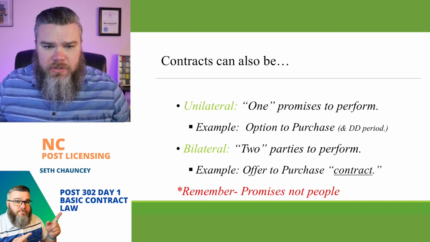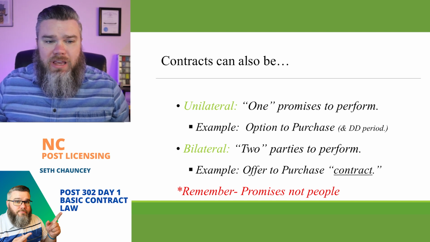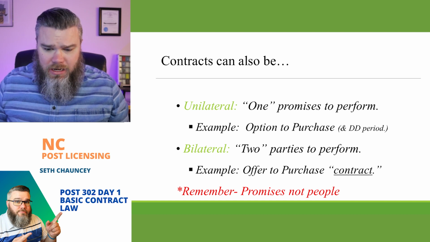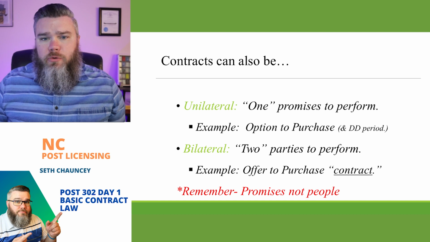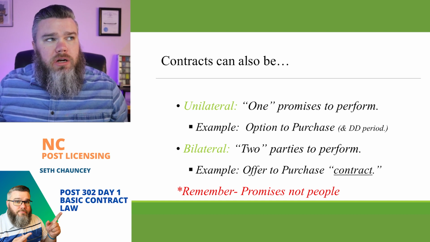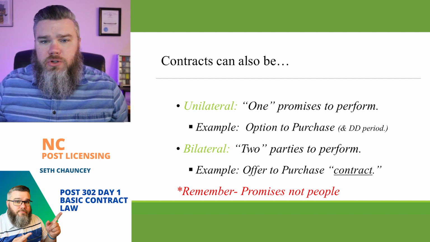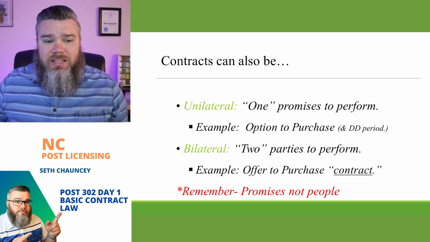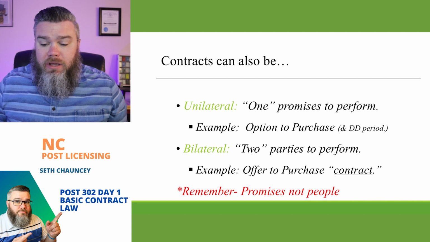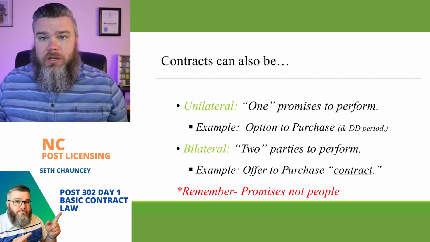Bilateral is two promises. Now, the most common form of a unilateral is, as I said, an option to purchase contract. Now, oddly enough, our Standard Form 2T in North Carolina is a due diligence style contract, which works almost identical to an option to purchase because it is this unilateral right of the buyer to terminate for any reason or no reason.